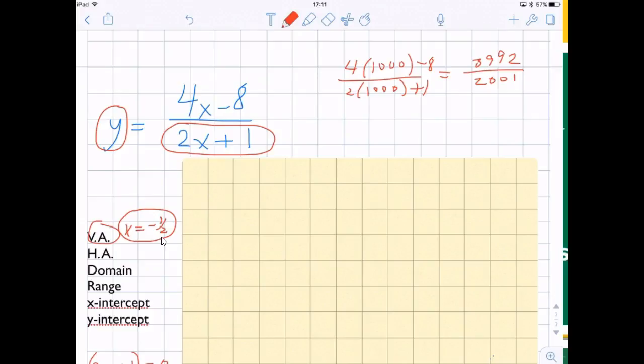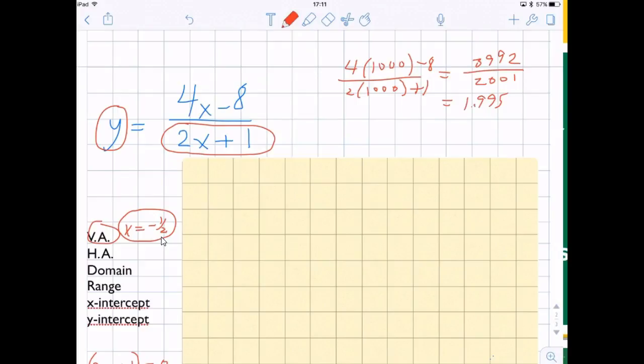Okay, now if you still don't know what that is going to equal, go ahead and use your phone calculator to figure out what it is. It's going to be something like, let me get out my calculator. It's going to be close to 2, like 1.99. So I'm going to do 3,992 divided by 2,001. That gives me 1.995.